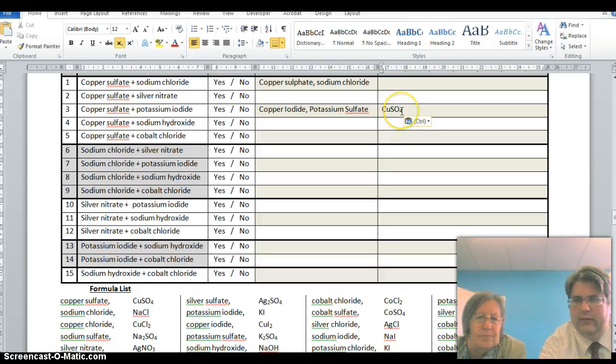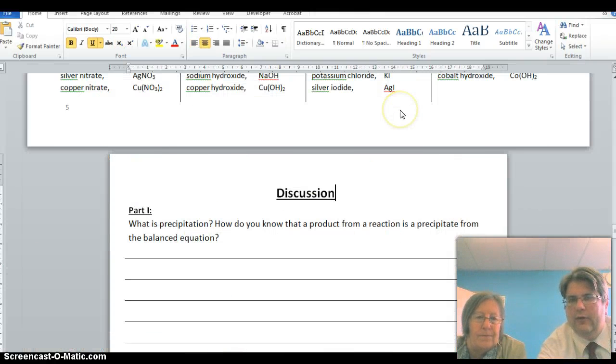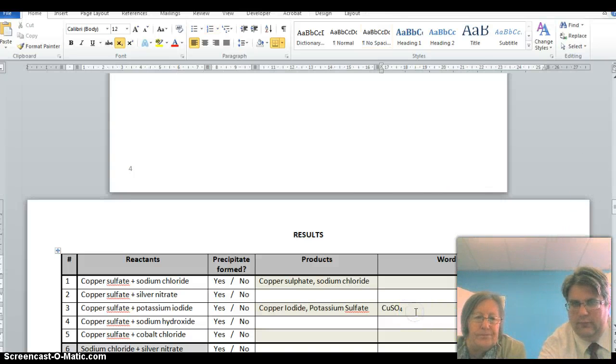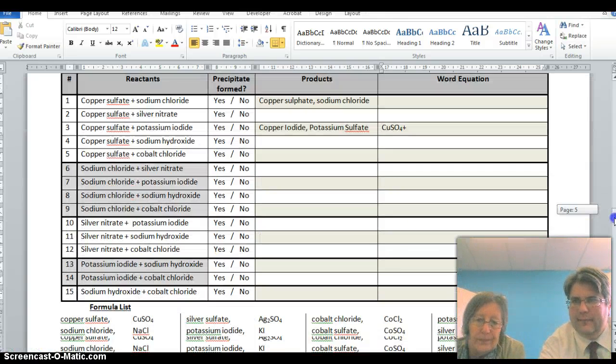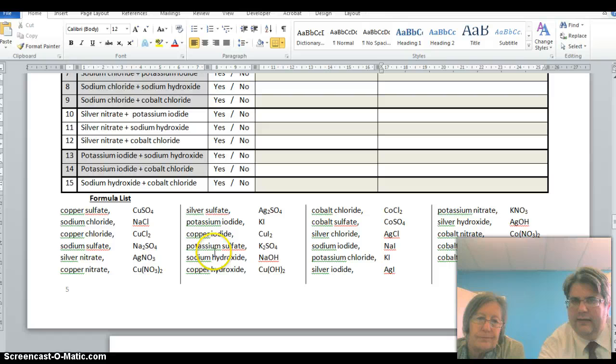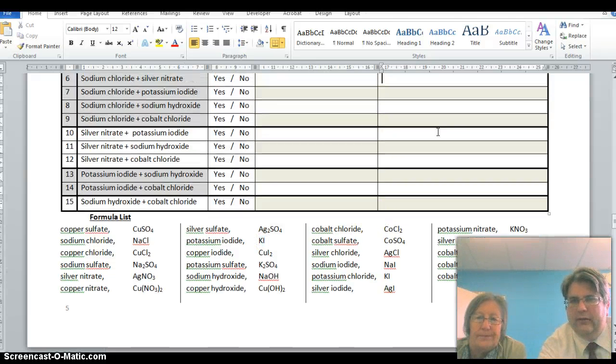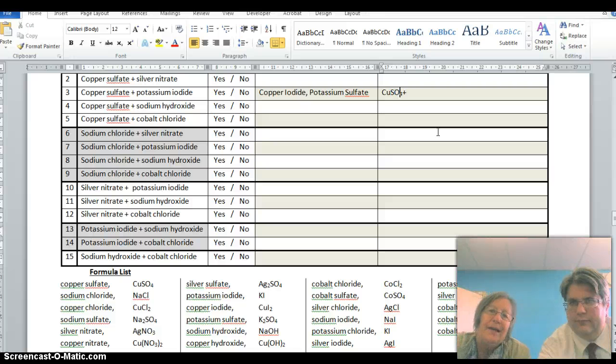So copper sulfate plus potassium iodide. Where's the potassium iodide? Here it is. The potassium iodide has the symbol KI. So I'm copying that one and putting it up here as well, leaving a little space just in case we need to.